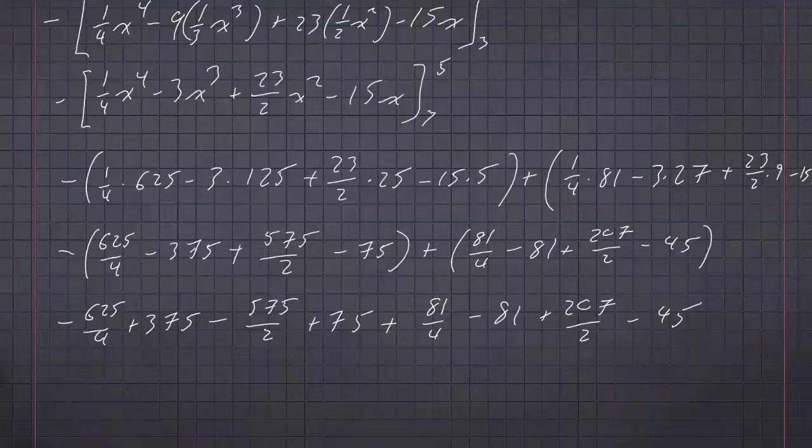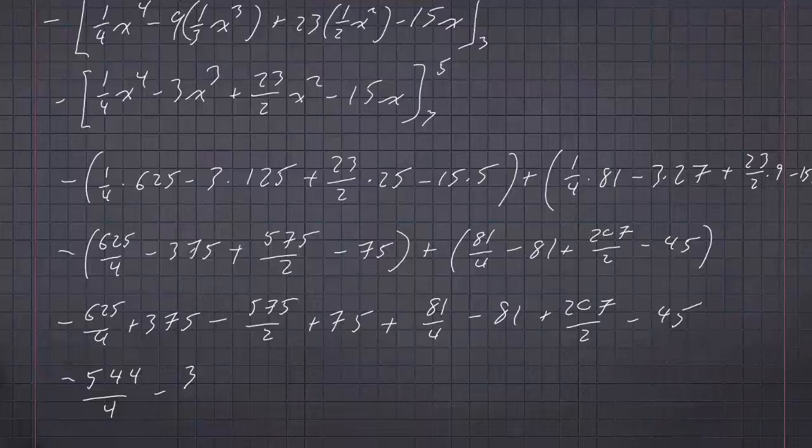Negative 625 over 4 plus 81 over 4 is going to be negative 544 over 4. Negative 575 over 2 plus 207 over 2 is going to be minus 368 over 2.